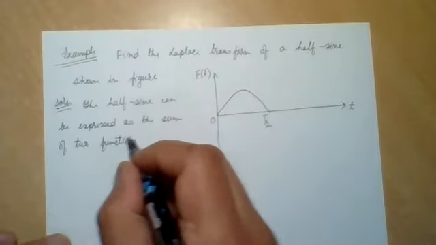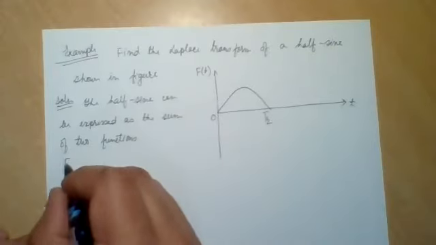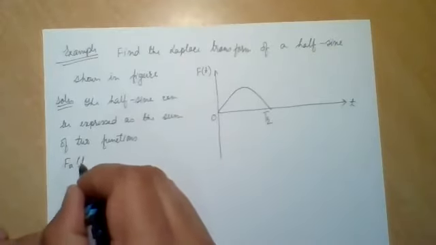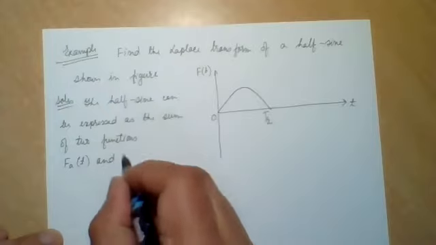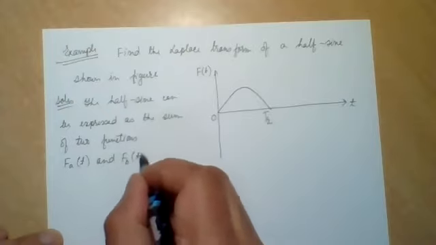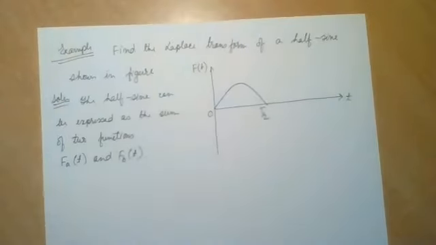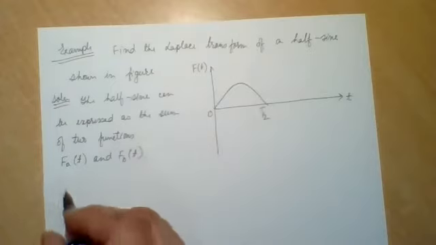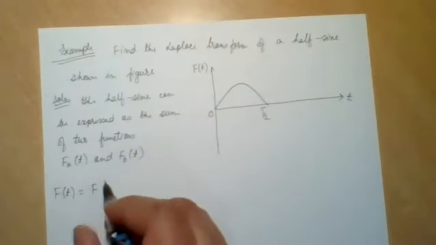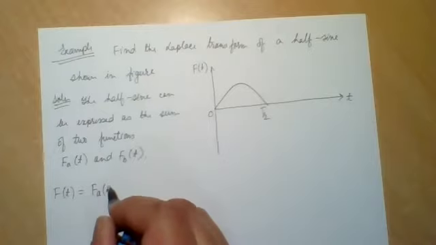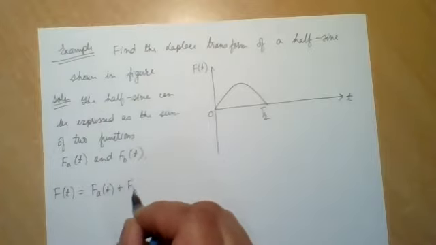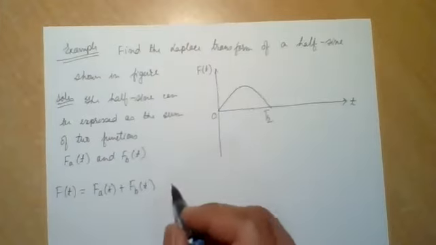As the sum of two functions, let us call it FAT and FBT. This f of t is FAT plus FBT. And what is FAT?